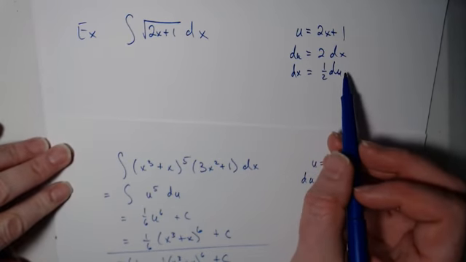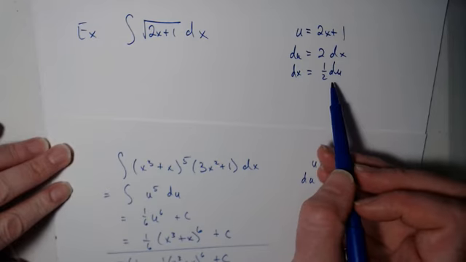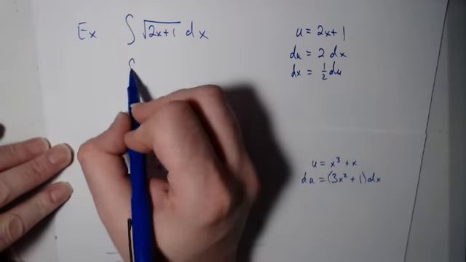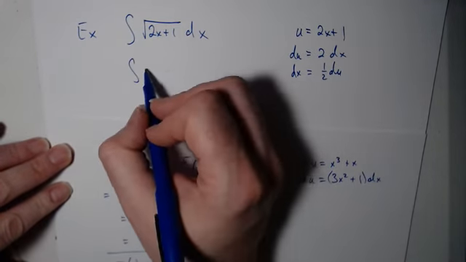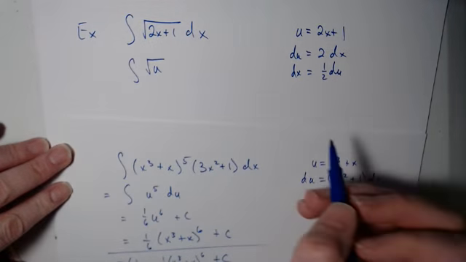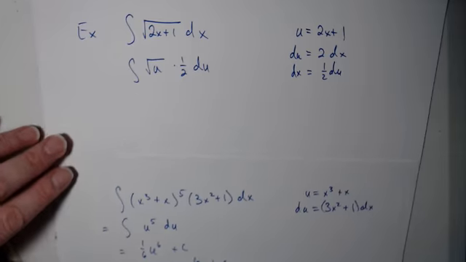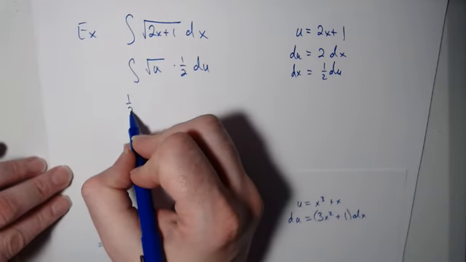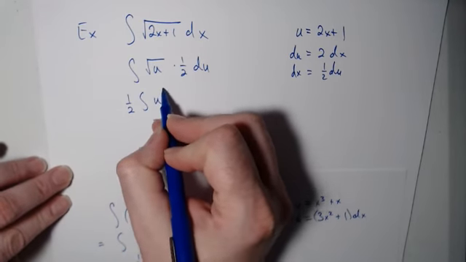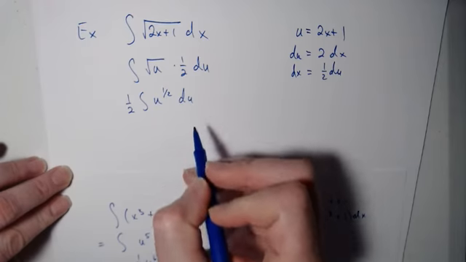If I take a look at this, then that would make this the integral of the square root of u times 1/2 du. And now that's easy. That's 1/2 the square root of u to the 1/2 du.